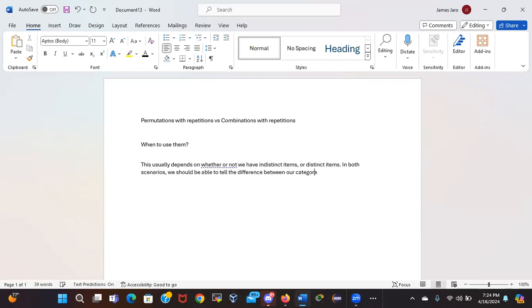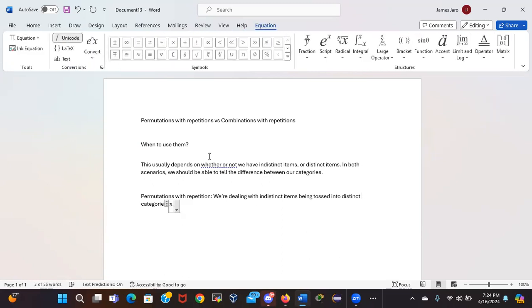With permutations with repetition, we're dealing with distinct items being tossed into indistinct categories. That's when we should be using this.